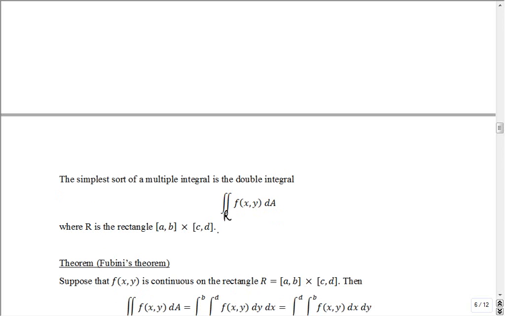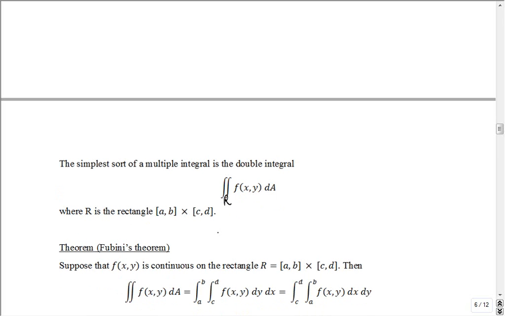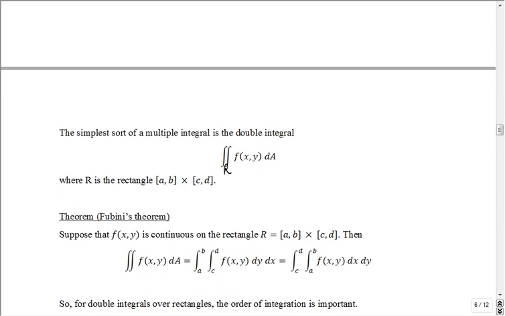And we are going to change this dA in a little bit, but that is the general format of writing it. Let's look at a particular theorem, Fubini's theorem. Very important theorem. Suppose that the function f is continuous on the rectangle R. Then the double integral over R of f of xy dA is equal to, then you put in your limits.